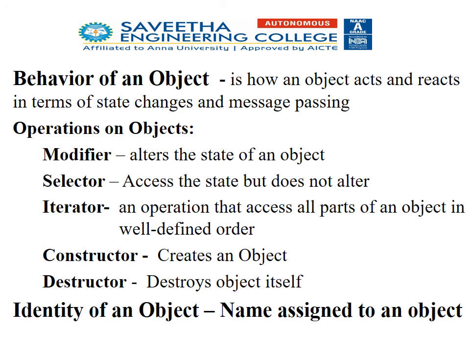A constructor function is used to create an object. A destructor function is used to destroy the object itself. These are the five major operations we can perform on an object. So these operations define how the state or value of the object is affected.